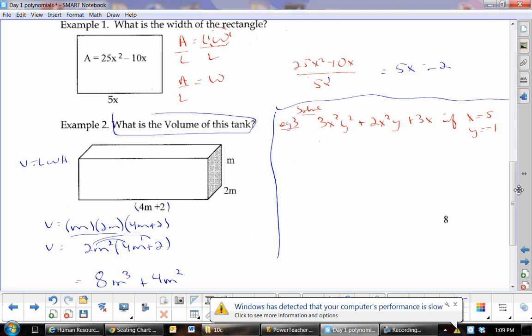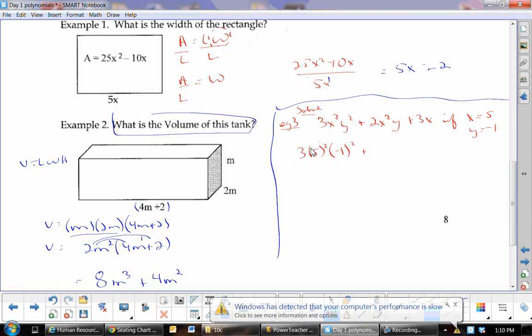If you ever substitute without brackets, you're most likely going to get it wrong. And I'll tell you why. If they ever give you a negative number, you'll get it wrong. So if you go 3 times 5 squared times -1 squared, just this one alone, I'll show you how to do this without a calculator.